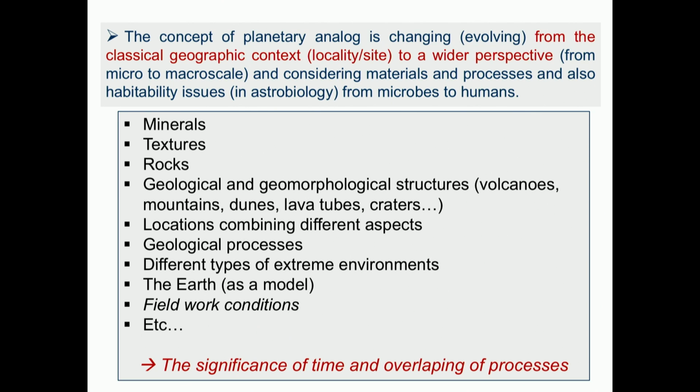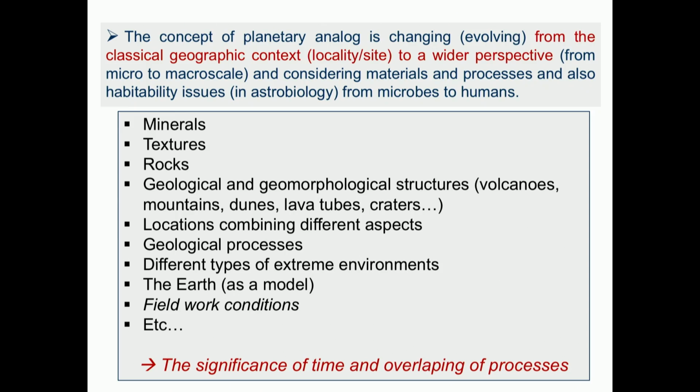So in this regard, we can use minerals, textures of minerals and of rocks, petrologic contexts, geological and geomorphological structures, volcanoes, mountains, dunes, lava tubes, craters, locations combining different aspects, geological processes, different types of extreme environments, the Earth as a whole, the Earth as a model, fieldwork conditions also, and in particular the significance of time and overlapping of processes that I mentioned in the beginning, how different processes or different materials can be combined in the same locality.